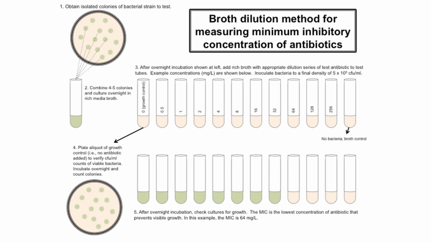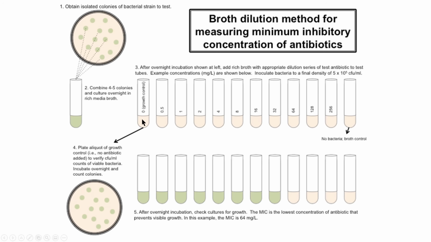Now these are sterile, so there are no bacteria in them. And what we do is that we put the antibiotic of choice that we are trying to test in these test tubes, and we increase the concentration of antibiotic in each test tube, so kind of double the dilution.